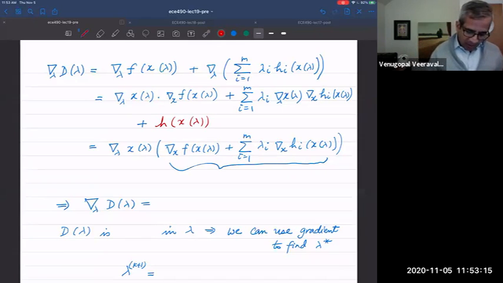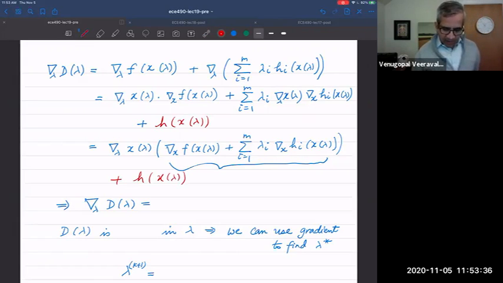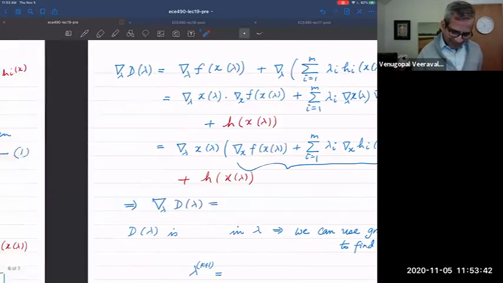And so I can then simplify this a little bit. This matrix is common to these first two terms, so I'll take that matrix out and then I'll get the gradient of this plus the gradient of this, and then plus h of x lambda. But if you look at this inside here, let's go back to the previous equation.